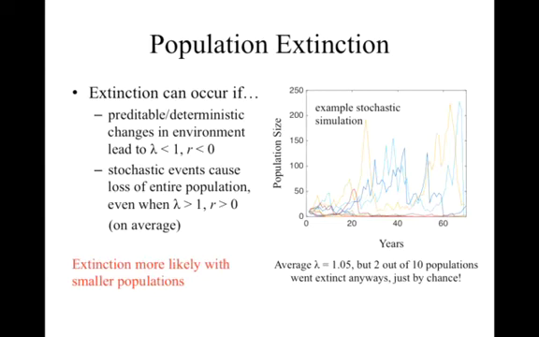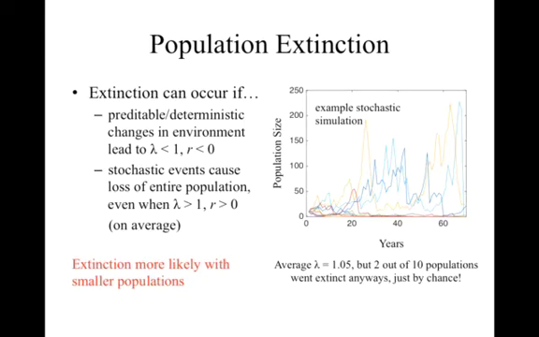Now, if you actually do that conversion between lambda and r, going from geometric to exponential growth, what you'll notice is that the threshold for a declining population in the exponential growth equation is r has to be less than 0. So again, for geometric growth, lambda has to be less than 1 for your population to decline, and if lambda is bigger than 1, your population will grow.